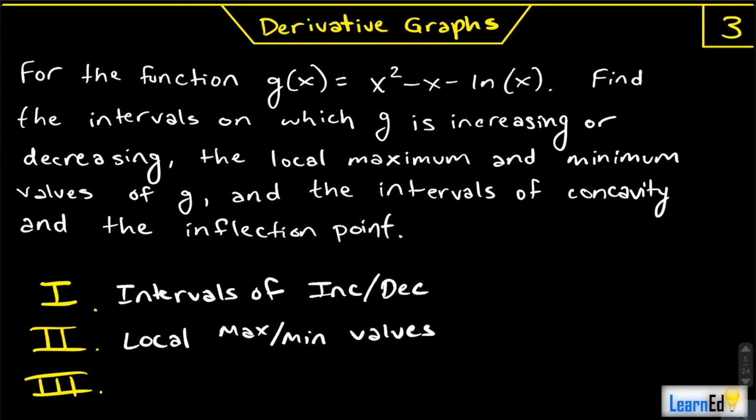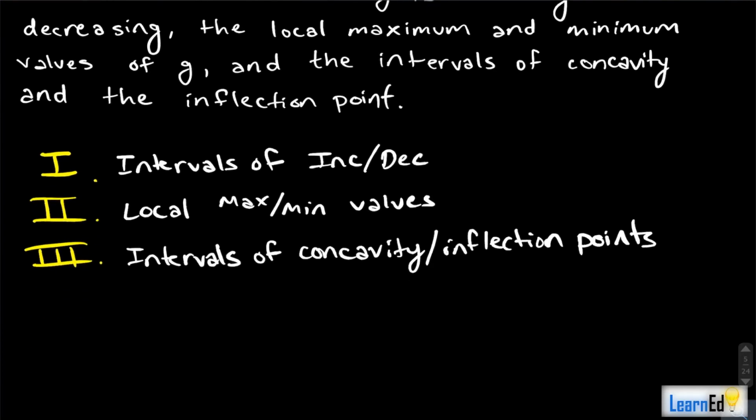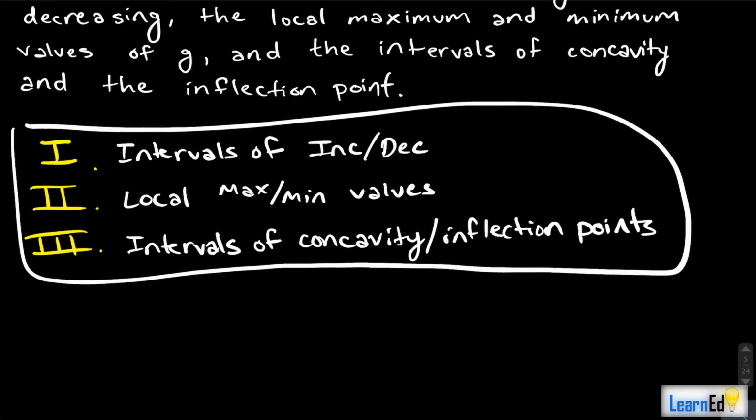And they're asking for, we can just combine these, intervals of concavity and inflection points. That'll all be told from the second derivative. So let's start off here with number 1.